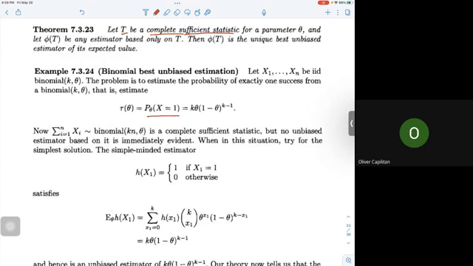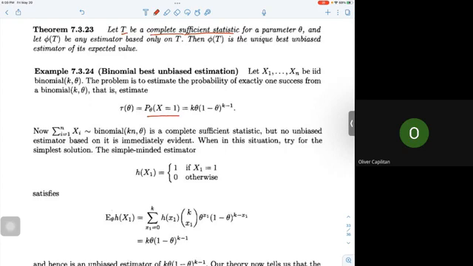Kasi yung binomial natin, no? Referring to the number of successes. Binomial distribution or random variable referring to the number of successes.